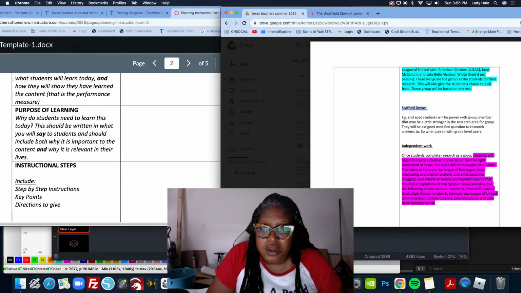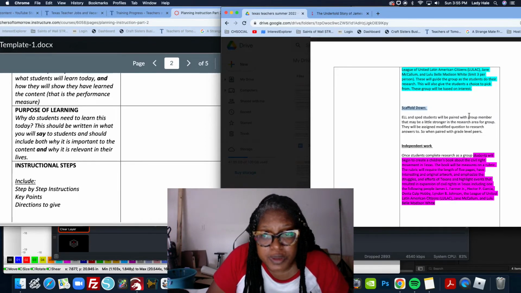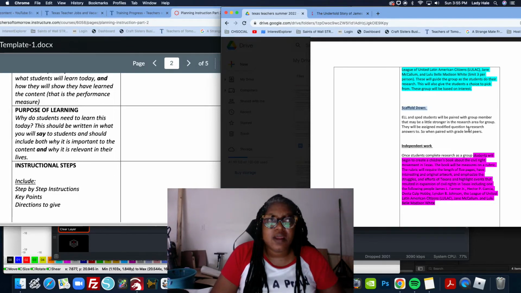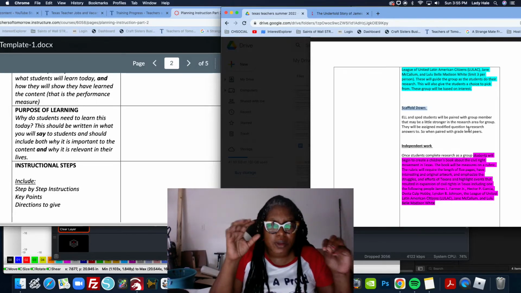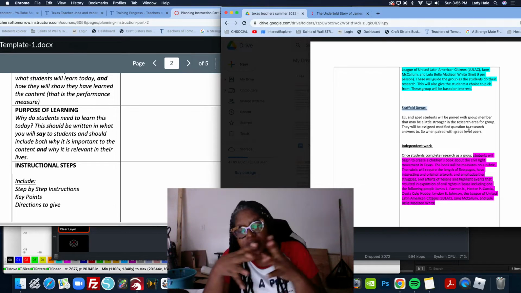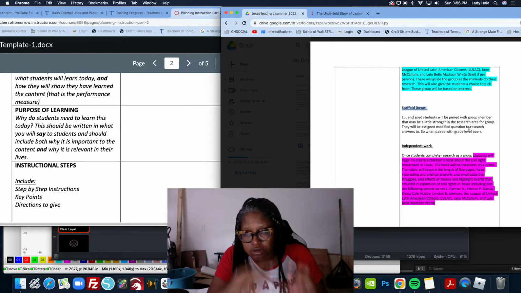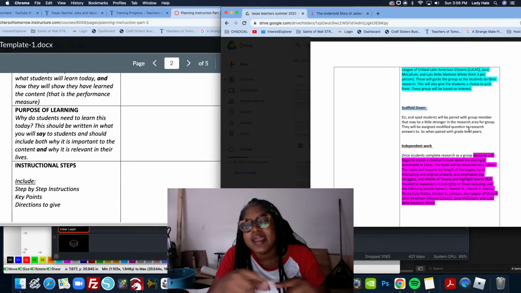the students together. I put ELL and SPED students paired with group members that might be a little stronger in the research area for the group. So it's not homogeneous. When you have groups, you have heterogeneous groups and you have homogeneous groups. You want to make sure that your groups are heterogeneous.